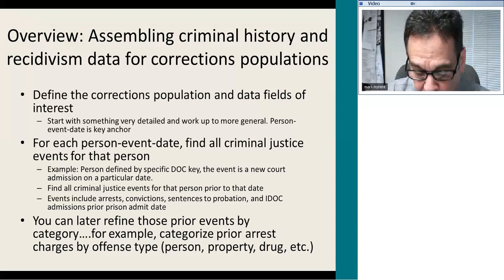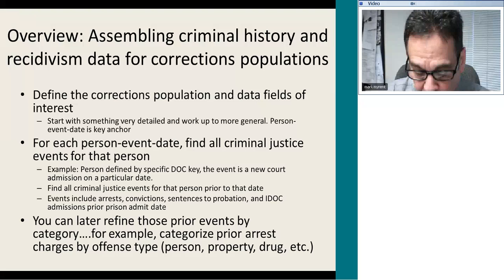So our first task is finding duplicate corrections numbers, IDOC numbers, and consolidating them under one parent master IDOC number. So all the IDOC records that have identical first names, last names, and birth dates, but have different keys, are located.